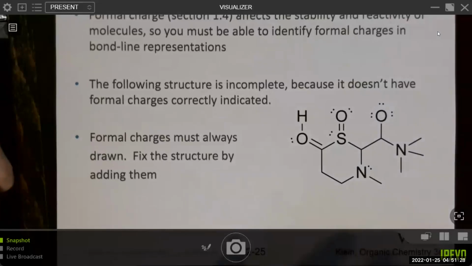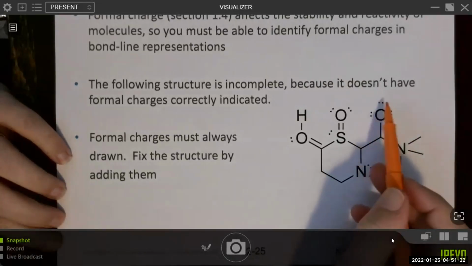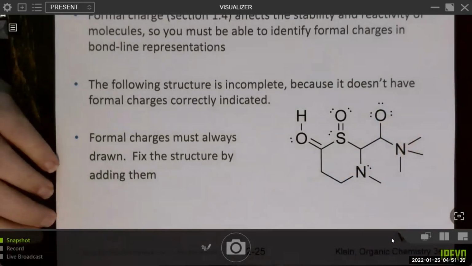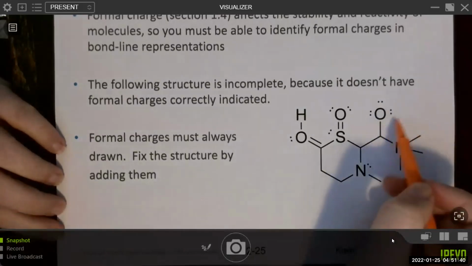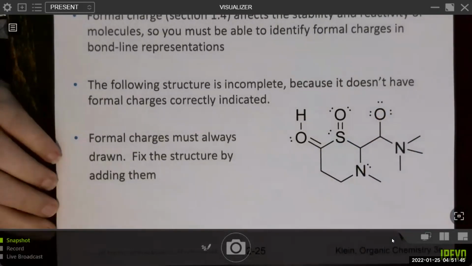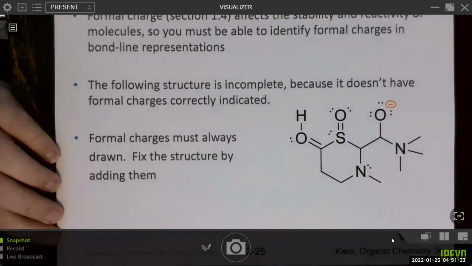All right, looking at this, maybe you recognize this oxygen atom with 3 lone pairs and 1 bond. Remember that oxygen typically has 2 bonds and 2 lone pairs when it's neutral. When you see something that's different than that, that should be like a red flag. Hey, there's going to be a formal charge here. There's 6 valence electrons on oxygen, minus 7 assigned, so this will have a negative formal charge.